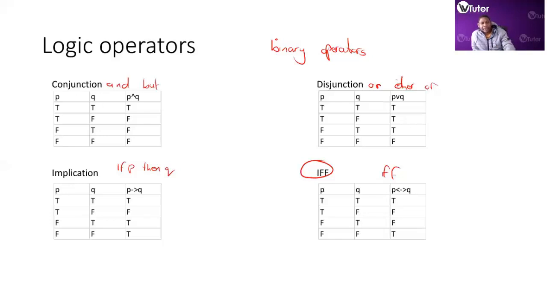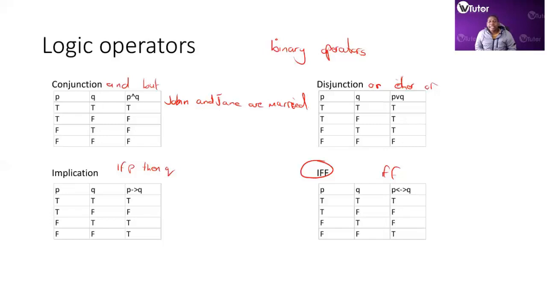Meaning, if I say John and Mary are married, let me use a different name. John and Jane are married. If John and Jane are married, this statement as a whole is true if John is married and Jane is married.